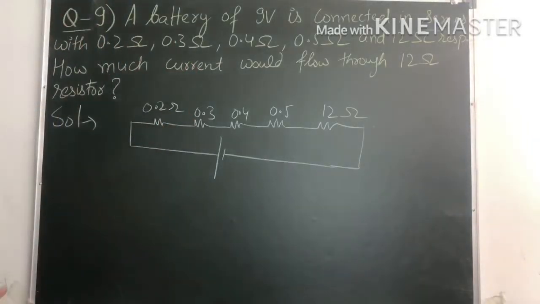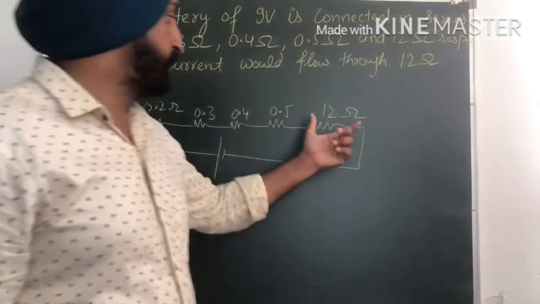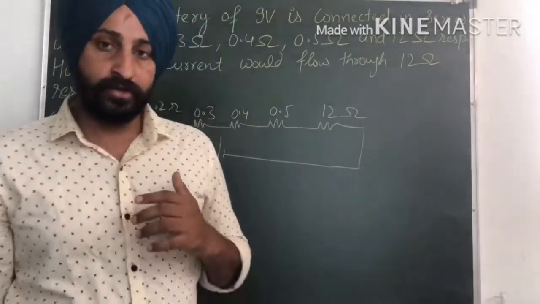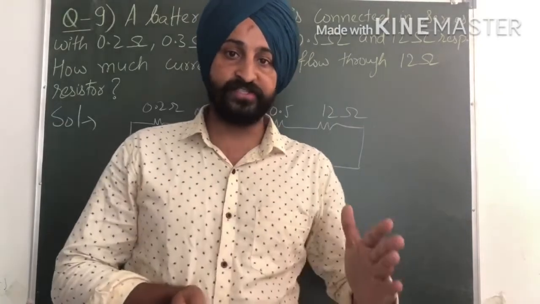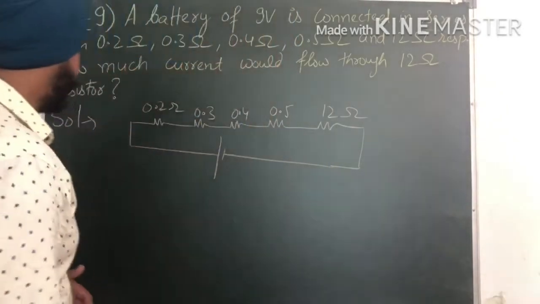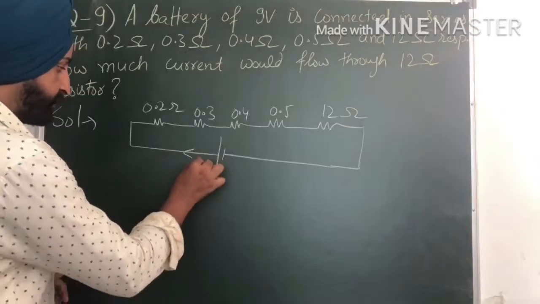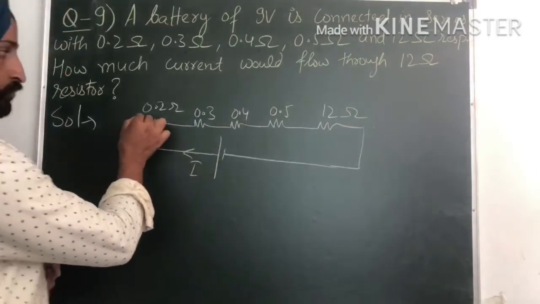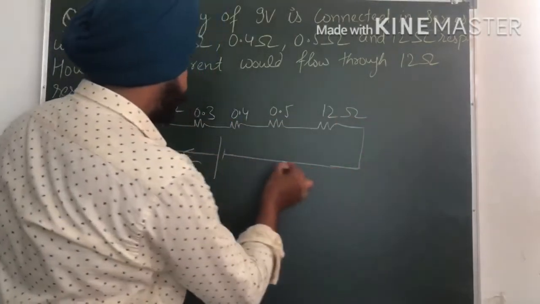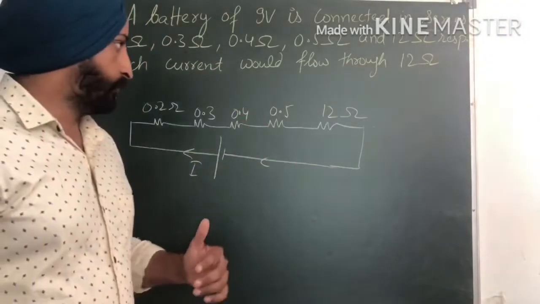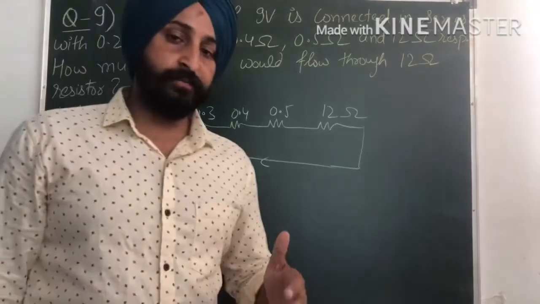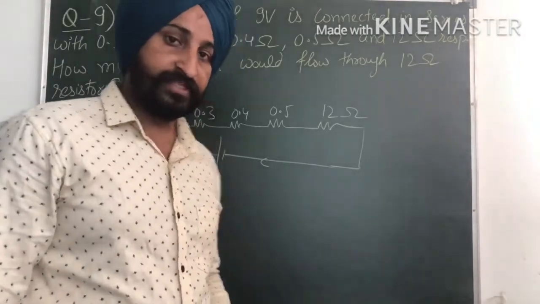Now they are asking how much current would flow through this 12 ohm resistor. We know that in series the current passing through different resistors is the same. So let the current starting from here be I. This current will flow through all these resistors and it will reach over here. To find the current, firstly I will calculate the net resistance of this circuit.